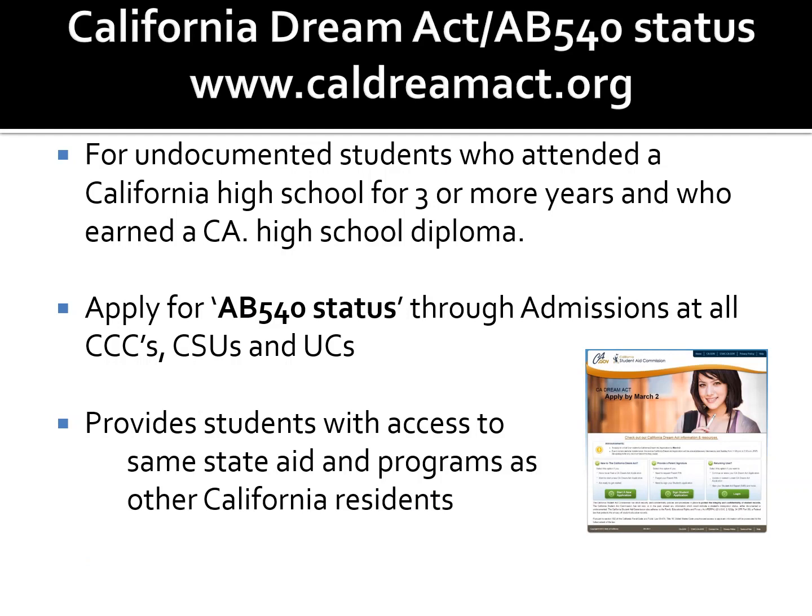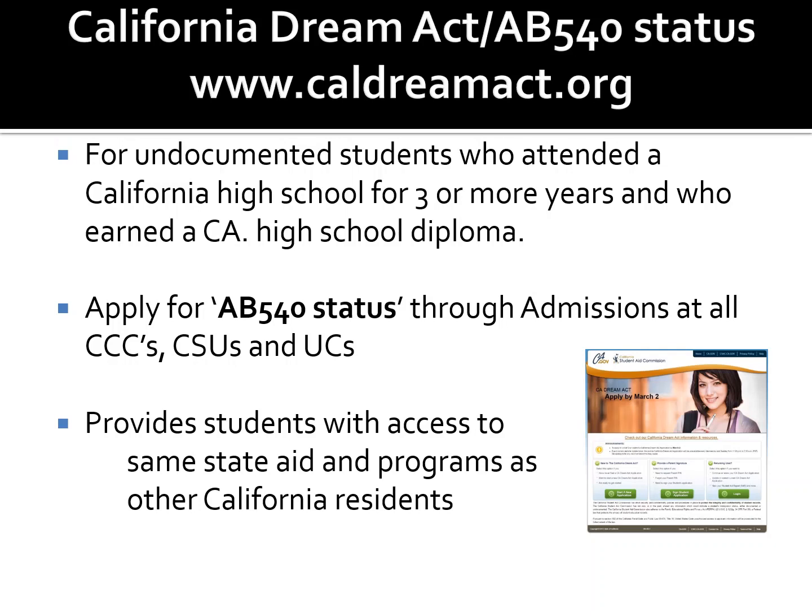So moving on to the California DREAM Act and AB 540 status. Undocumented students who have attended a California high school for 3 or more years and who have earned a California high school diploma are eligible to apply for AB 540 status. AB 540 status grants in-state tuition, and therefore the students would not be considered out-of-state students.